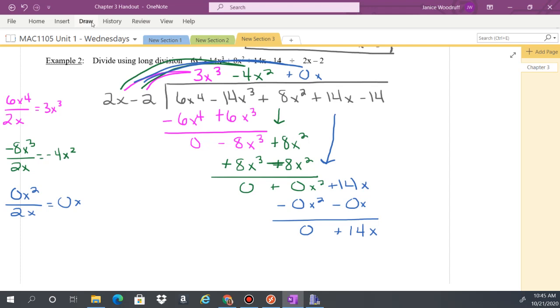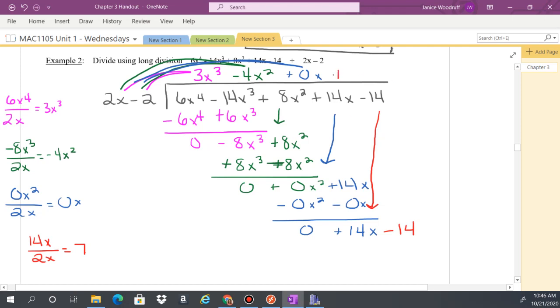All right, then next we have, bring down the next term. So next term is a minus 14. And then first term divided by first term. So your first term here is 14x. And we're dividing by 2x. So there the x's will cancel, and 14 divided by 2 will give you 7.